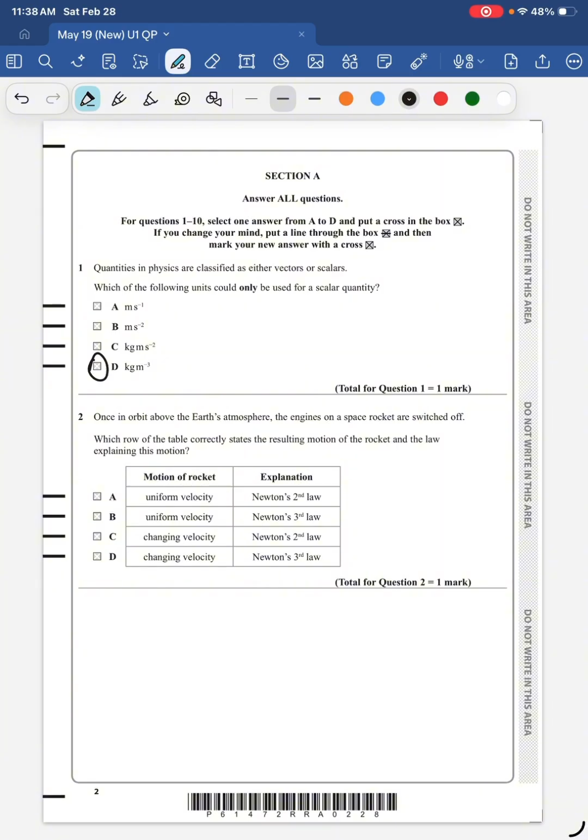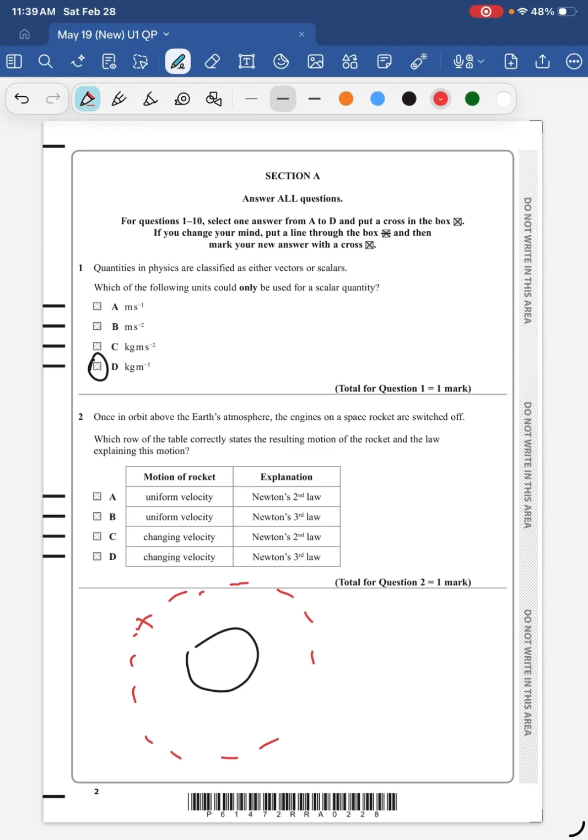All right, question 2. Once in orbit above the Earth's atmosphere, the engines, not the engineers, on a space rocket are switched off. Which row of the table correctly states the resulting motion of the rocket and the law explaining this motion? So what does orbit mean? If you have the Earth and this is your satellite, which is a point compared to the Earth, it's going around.